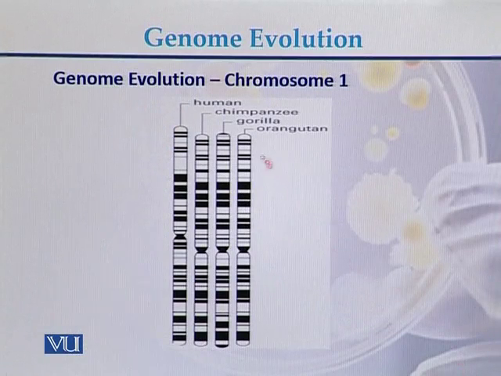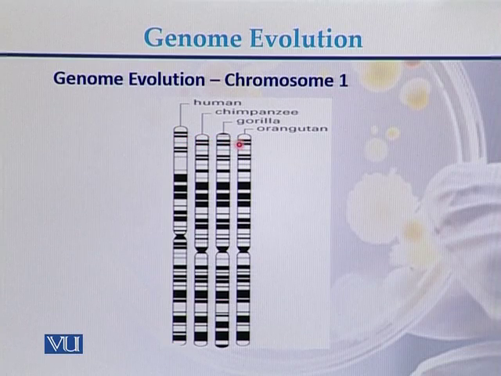This is genome evolution, chromosome 1. This is chromosome 1 of humans, chimpanzee, gorilla and orangutan. If we look at the similarity between chromosome 1 of all these 4 species, we can see the darker bands are almost similar in all 4.